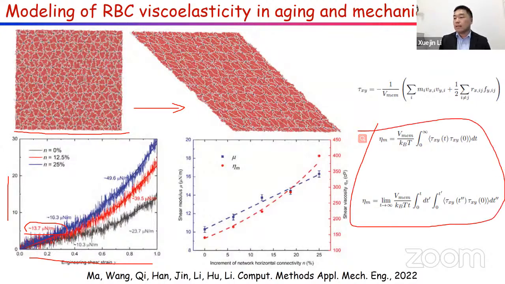And here, in this figure, we show the trends of shear modulus and membrane viscosity with cell aging.